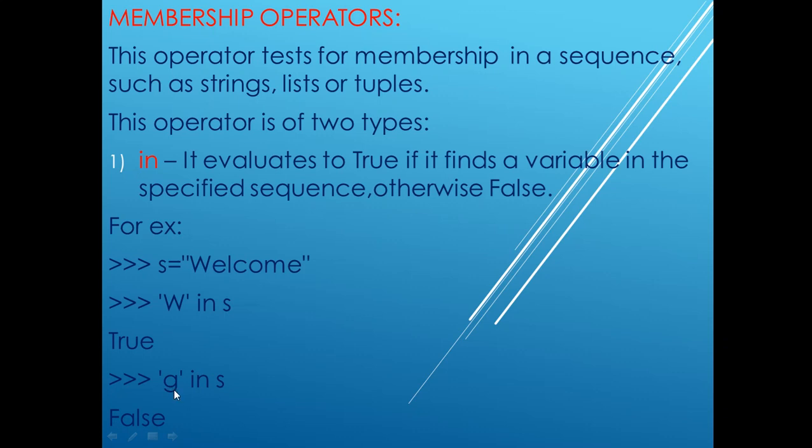But in the case of g in s, is g present in s? Are you able to find the g character in the variable welcome? g is nowhere, so g in s will return false. Okay, so this in operator will return true or false based upon whether the character or variable is present in a sequence or not.